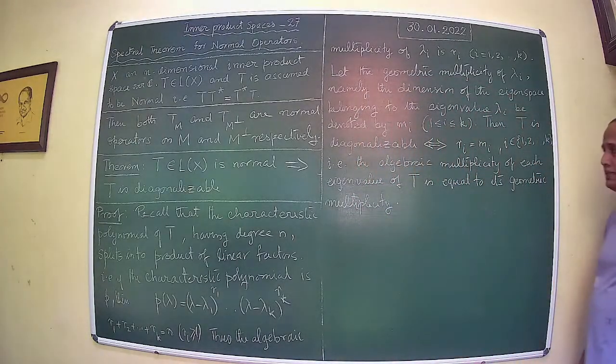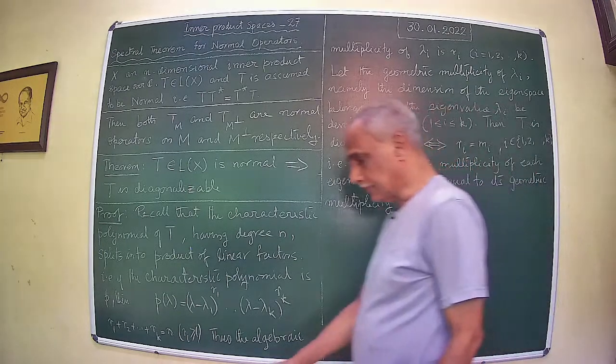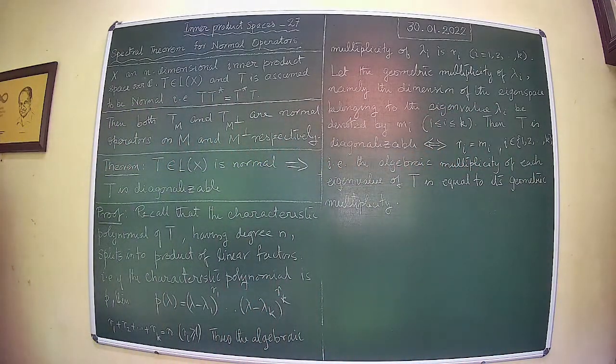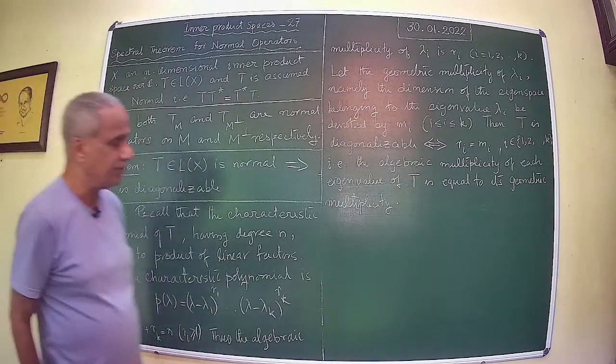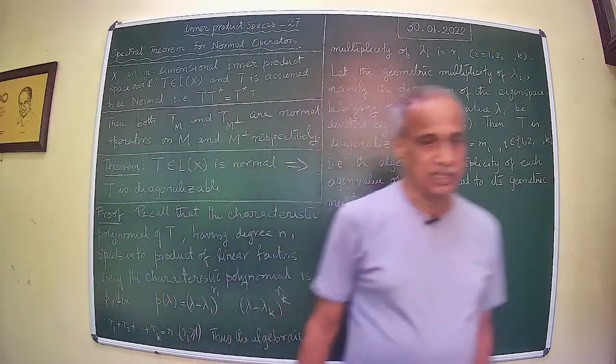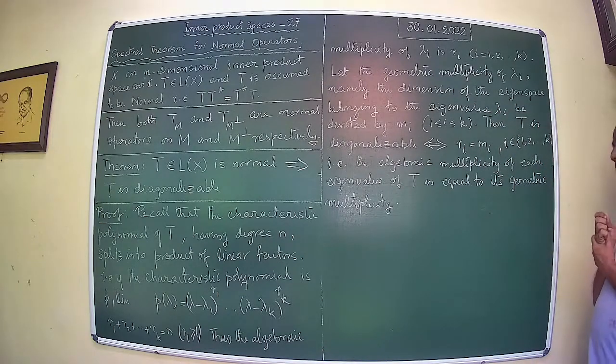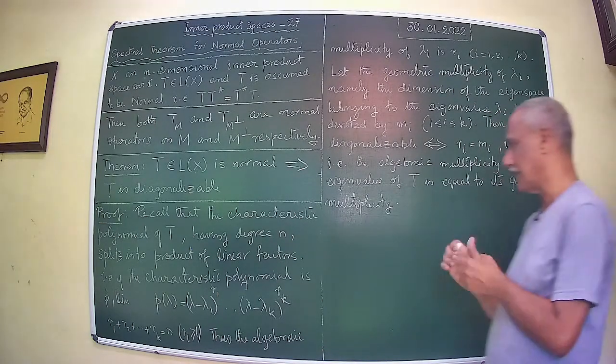Therefore, our strategy to prove this theorem is to show that whenever T is normal, the algebraic multiplicity of each eigenvalue is equal to the geometric multiplicity. Okay, so let us start our work.